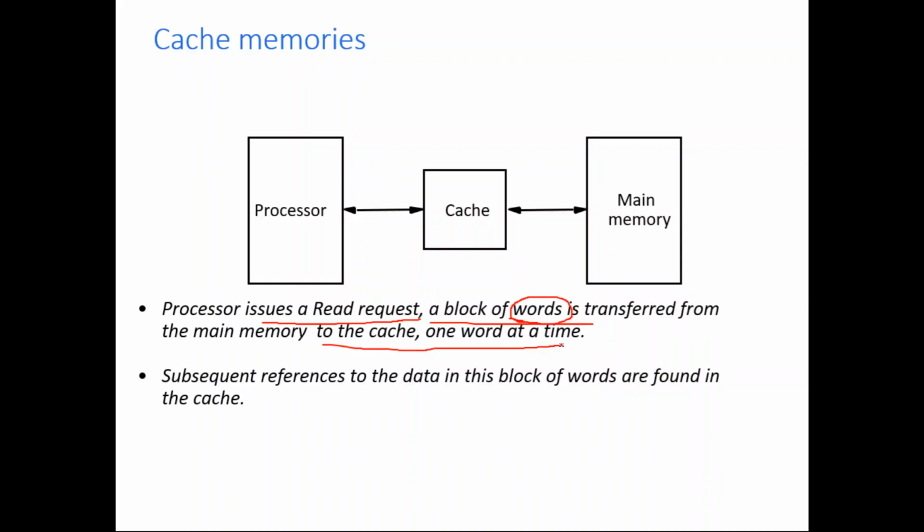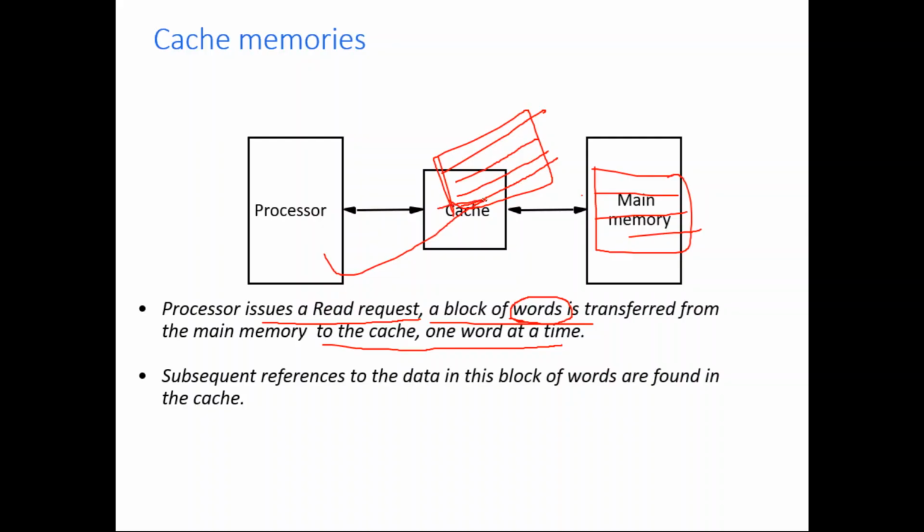Right? So later, for example, say it has taken this entire block. Say the block contains 4 or 5 words. Currently the processor wants to access, say, the first word, but later the processor may want to access the fourth word. At that time the fourth word can be fetched from cache itself, so it becomes very fast, right?